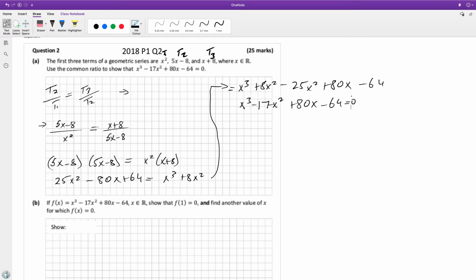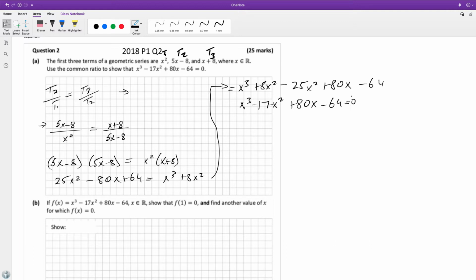We would have tackled this in algebra. Long division. What long division are we going to do? Because we're going to show that x is equal to 1, isn't it? So it'll be x minus 1, long division with that.